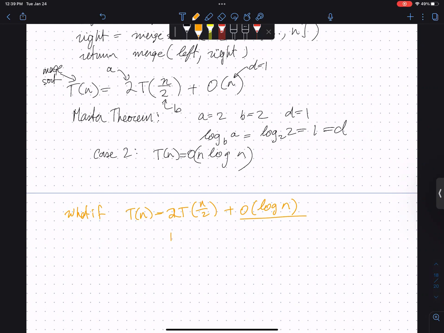On the other hand, it's more than 1. So T of n is sandwiched between 2T of n over 2 plus O of n, and 2T of n over 2 plus O of 1. Now you can solve this with the master theorem, and this too.